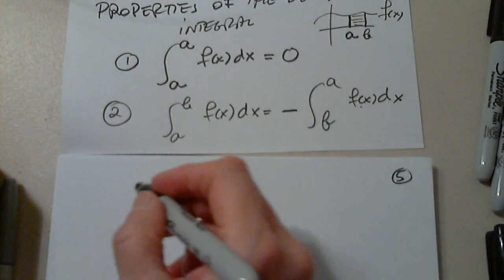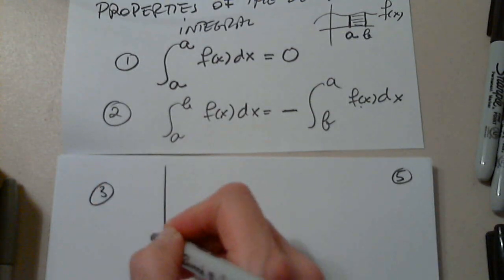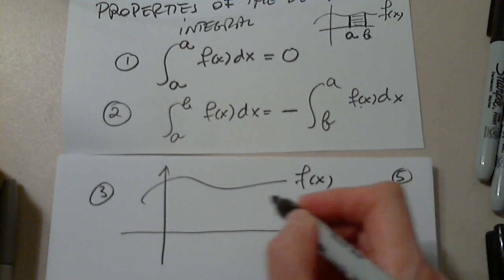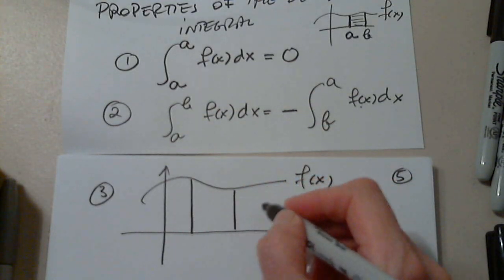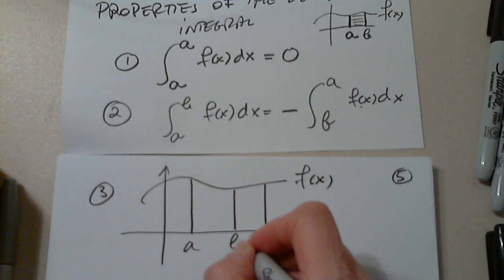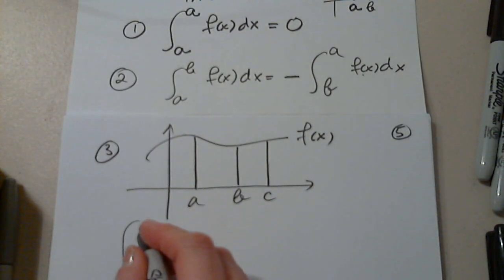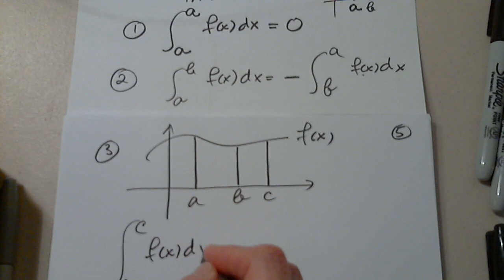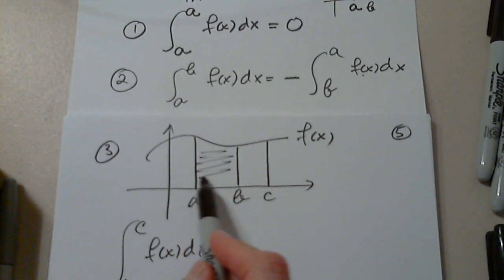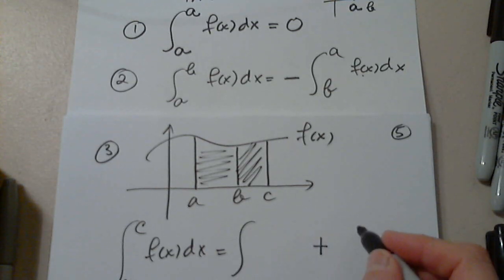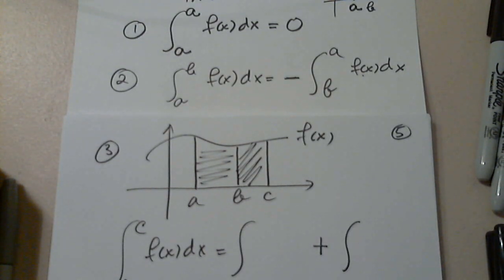Page 5. So let's say I have a function, this is the function, and this is the interval: A, B, C. The integral from a to c of f of x dx can be expressed as a sum of two integrals. Can anyone give it a shot?